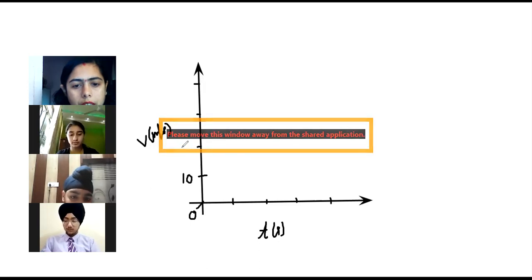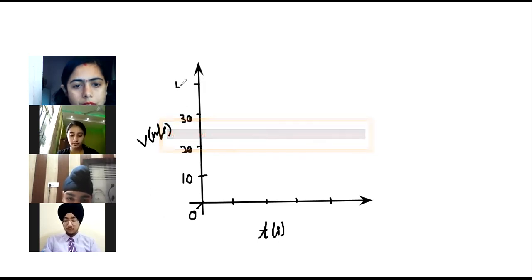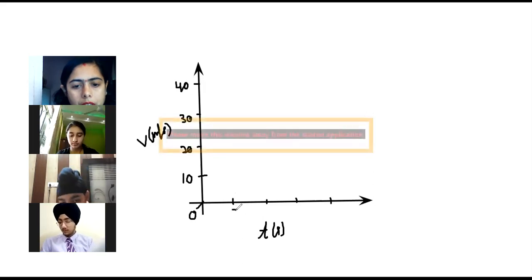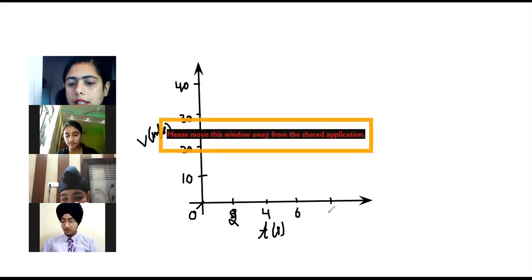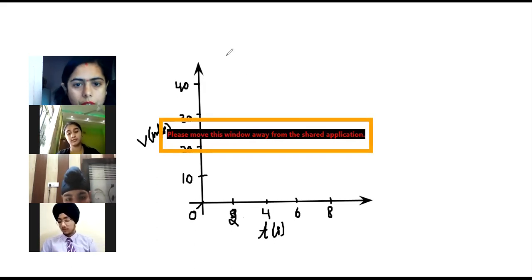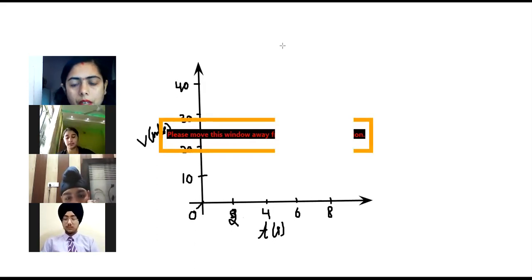We will take 10, 20. Then here we will take 30. This is 40. Here we will have, let's say, 2, 4, 6, 8. Fine. Okay. I have changed the dimensions. That's it.